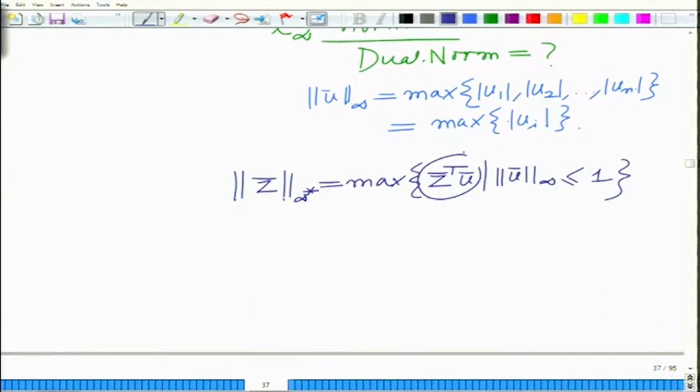Now, what is z bar transpose u bar? The infinity norm of u bar being less than or equal to 1 implies the maximum value of magnitude ui is less than or equal to 1. Now, assume z bar and u bar both to be n dimensional vectors.